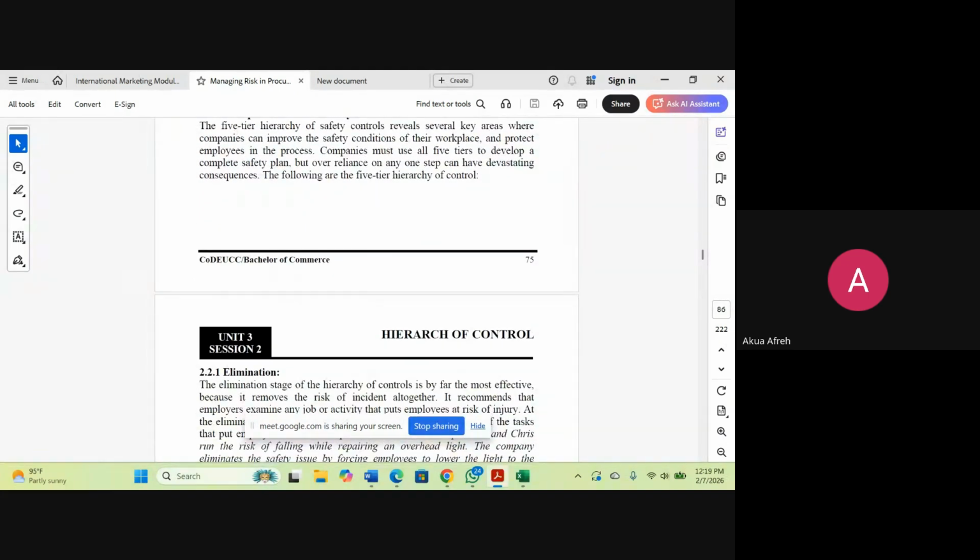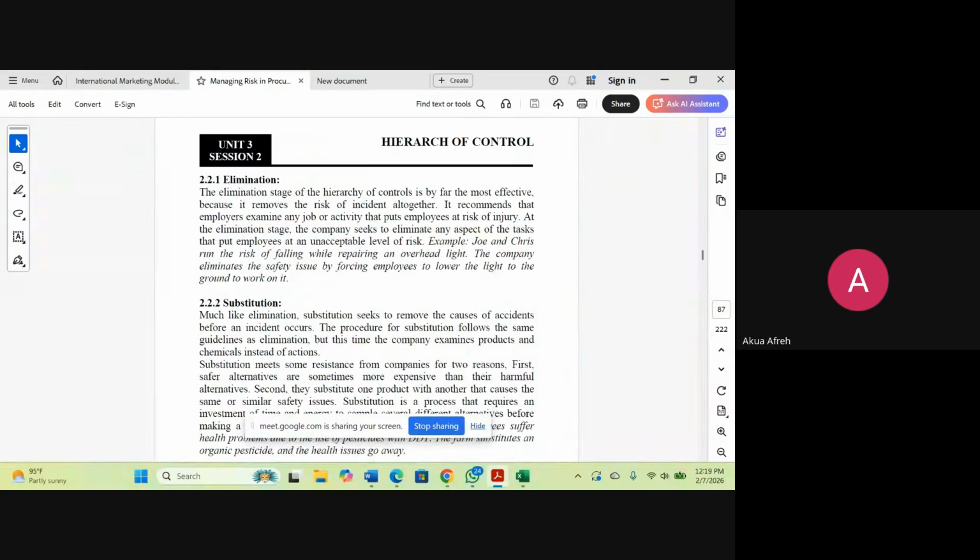And we have 5 tiers. The hierarchy comes in 5 tiers, of which the first one is elimination. Elimination is the most effective amongst all the 5. Here, you try to completely remove the hazard, the source of a risk.